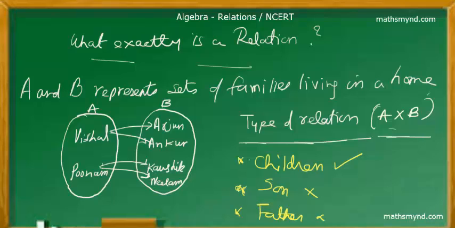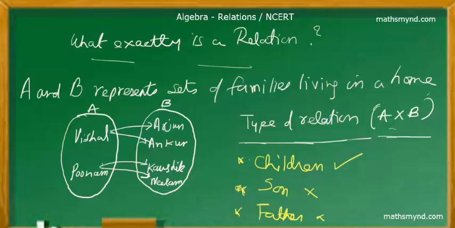So a simple, straightforward, possible relation in this particular case is "the children of". You can consider such a relation, and that's why the tick mark is given. That means Arjun and Ankur are the children of Vishal, and Kaushik and Neelam are children of Poonam.